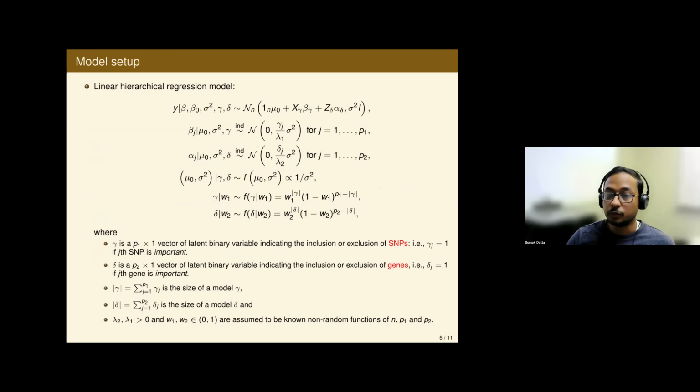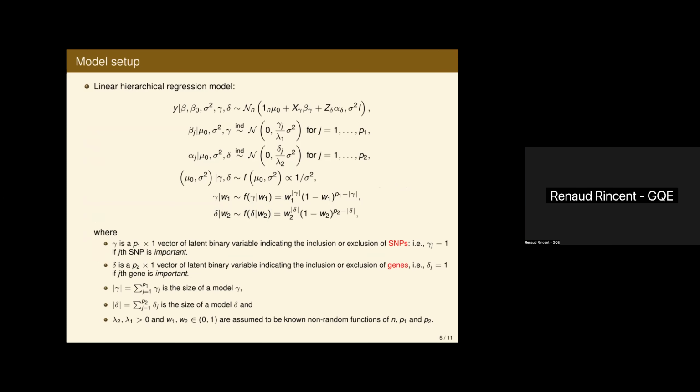Right. So yes, it would be taken into account. If there are many SNPs, the false discoveries would be penalized by the prior inclusion probability. So if there are a lot of SNPs that define the population structure, they will be penalized. Okay, I see. Thank you. You're welcome.